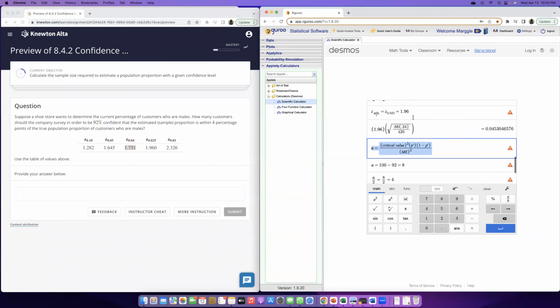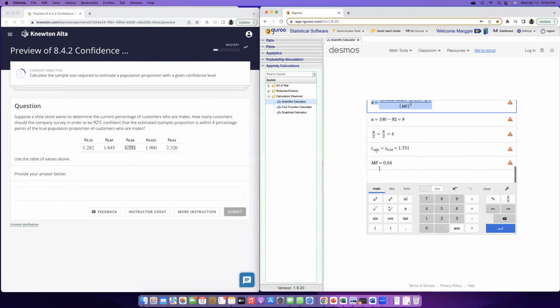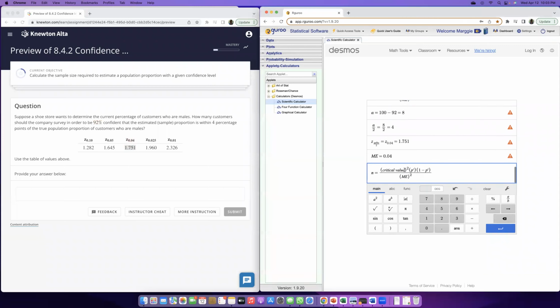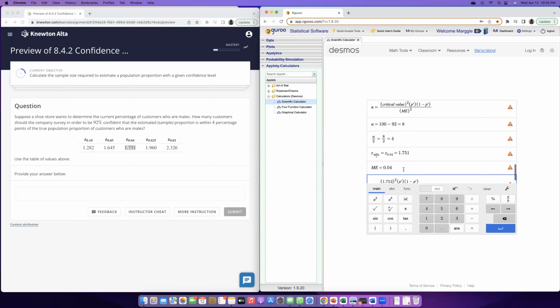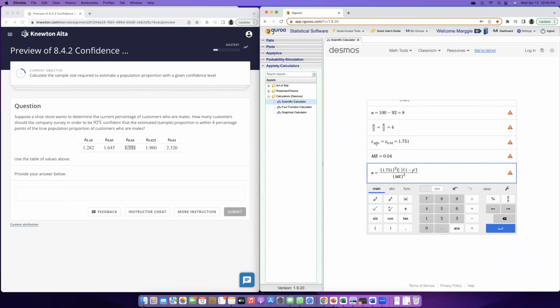So then I'm going to copy and paste this again, and I'm going to fill this out. So the critical value is 1.751. P is going to be 0.50, and 1 minus P is going to be 0.50.